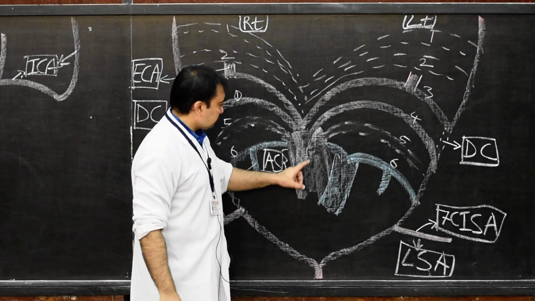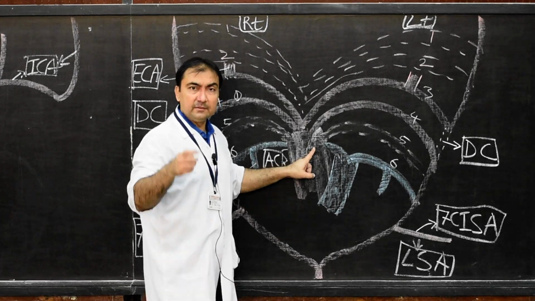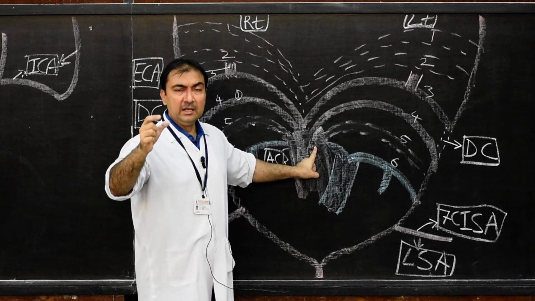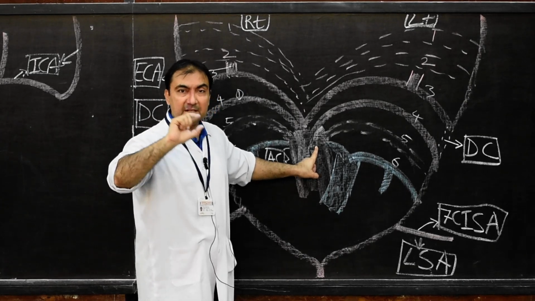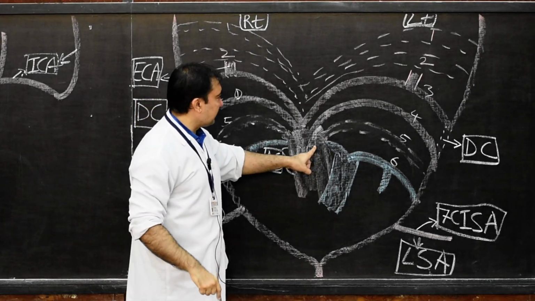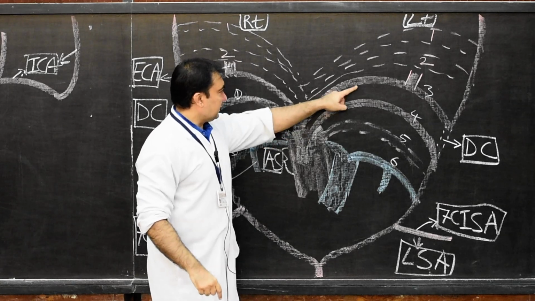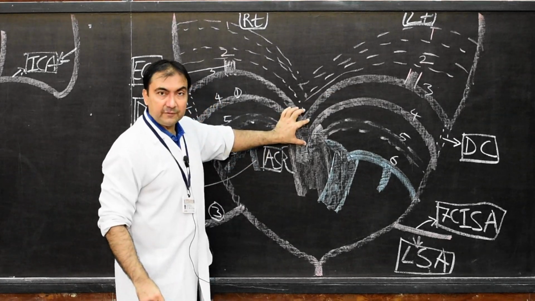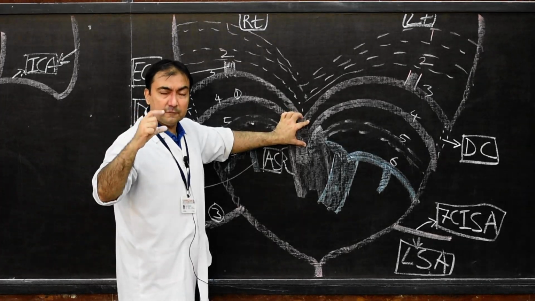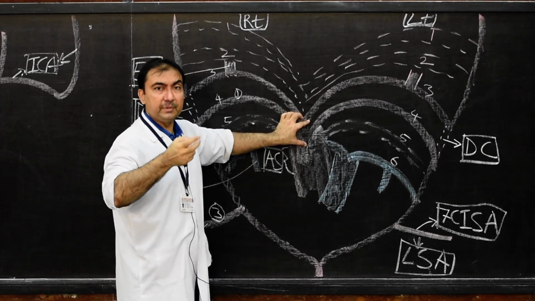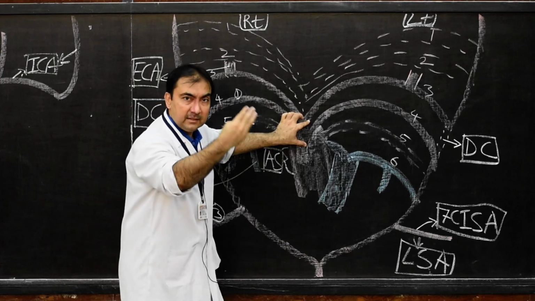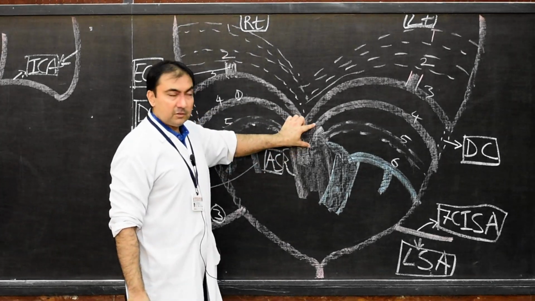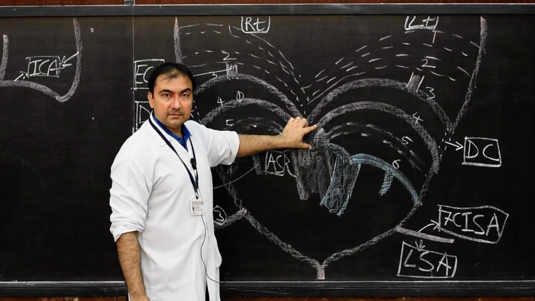For example, the left horn of aortic sac will develop into that portion of arch of aorta which lies between brachiocephalic trunk and common carotid artery, and we know that the third arterial arch is common carotid artery. So this much segment, see where my fingers are, only the segment of arch of aorta lying between brachiocephalic trunk and the common carotid artery will develop from left horn of aortic sac.